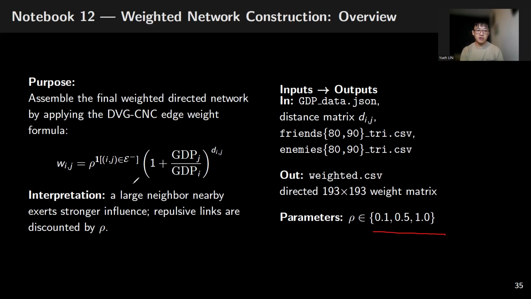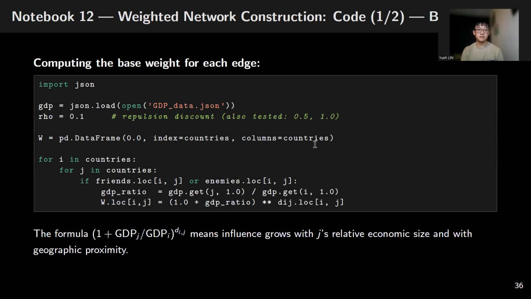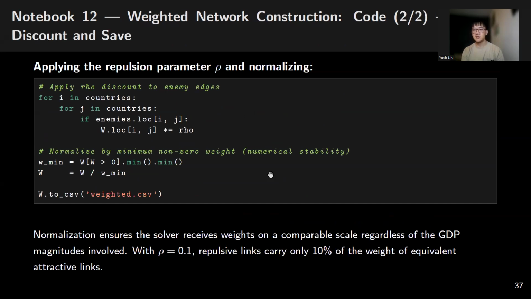This is called the weighted matrix here, which is to be applied to rho once we decide to run the model. For example, we read the GDP data and, using the formula that we mentioned before, 1 plus the ratio to the power of Dij, the distance factor that we calculated in notebook number 11, we multiply by rho or not based on the cases to have this weighted result.